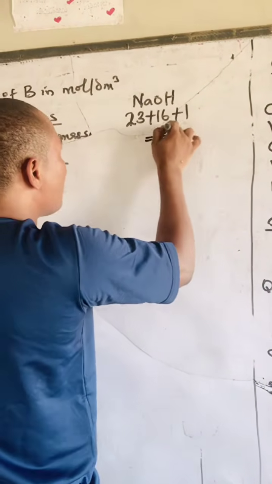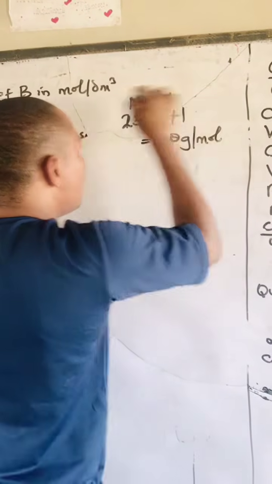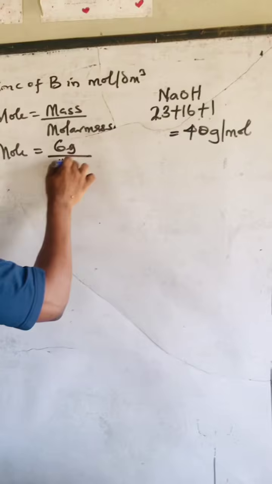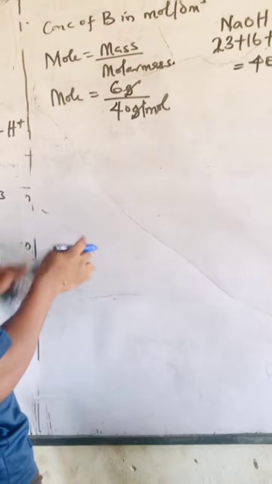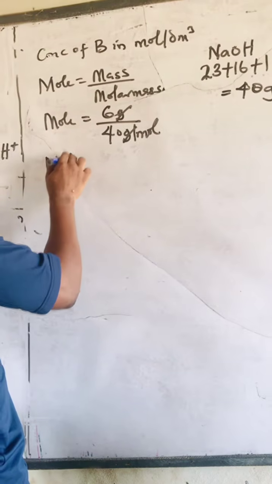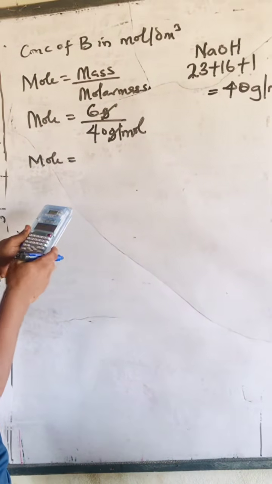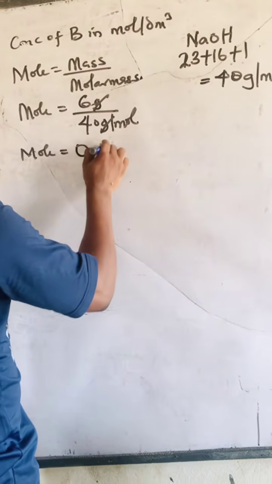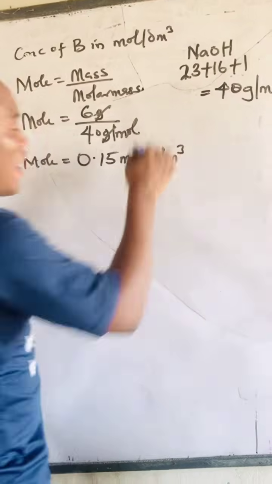So we have 40 gram per mole. The gram cancels, then we have our mole to be 6 divided by 40, which gives 0.15 mole per dm cube.